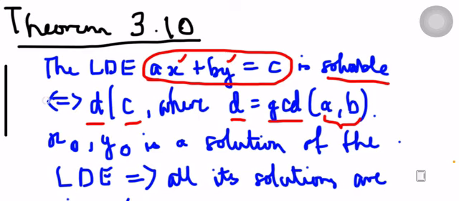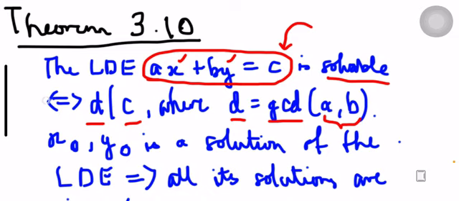So you have a and b. Whatever the GCD of your coefficients is, make sure that it is a factor of your right-hand side, which is your c, and then you can say that the equation given is solvable, and it is a Diophantine equation for sure.